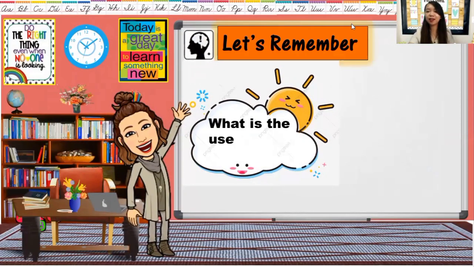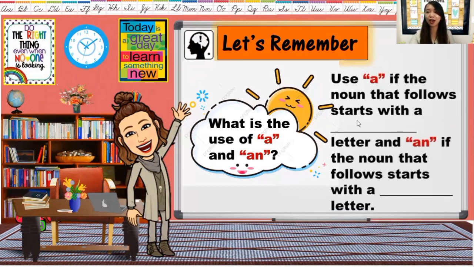Now let's remember again what is the use of a and an, or how are we going to use a in a sentence or in a phrase, and how are we going to use an in a sentence or in a phrase. So again, everybody read this one. Use a if the noun that follows starts with a, what's the answer?